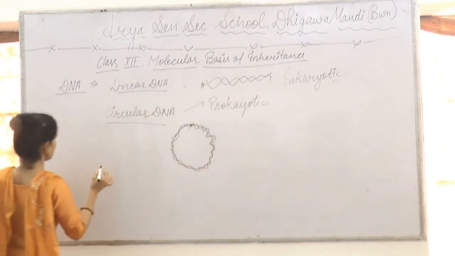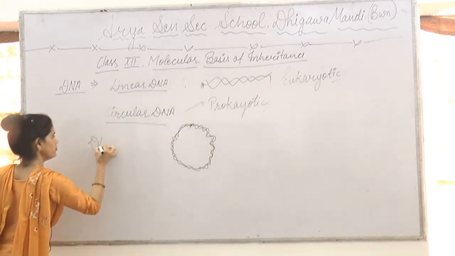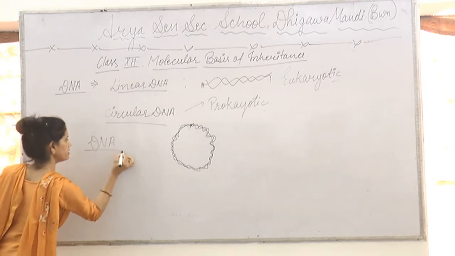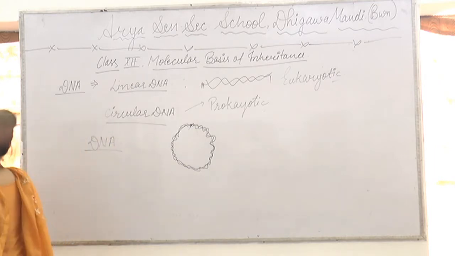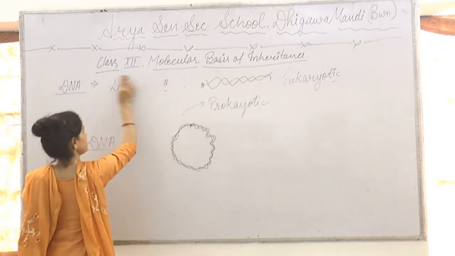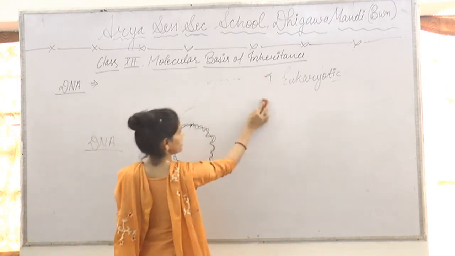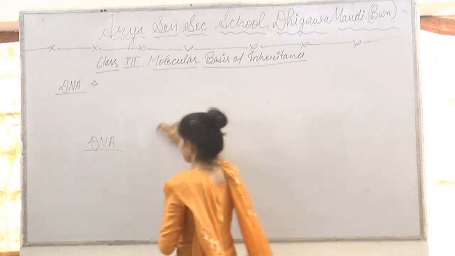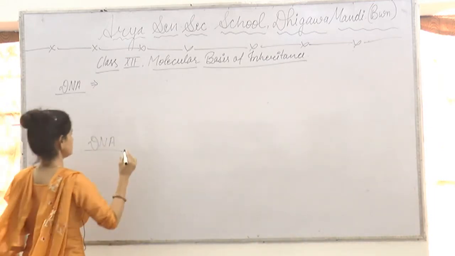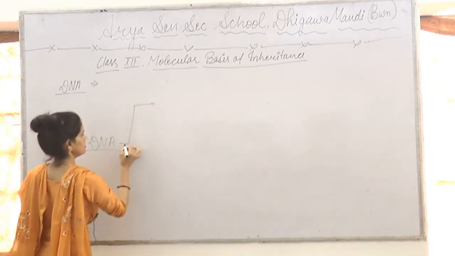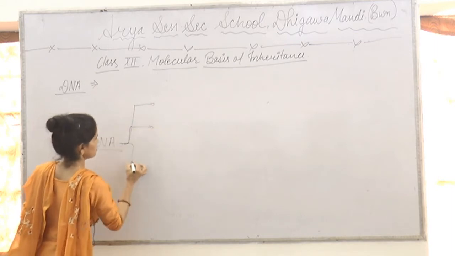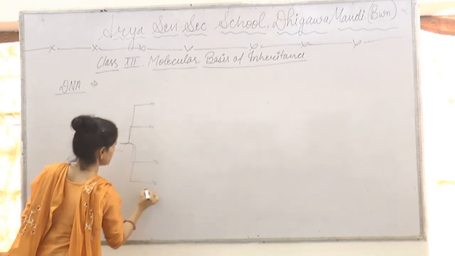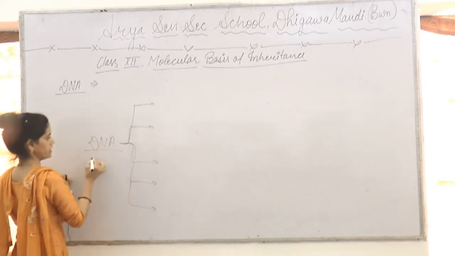Apart from these, there are other forms of DNA. DNA is found in 5 forms: aDNA, bDNA, cDNA, dDNA and gDNA. Let's discuss the forms of DNA.